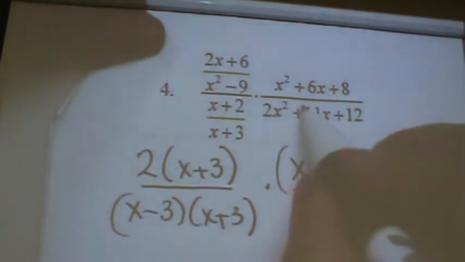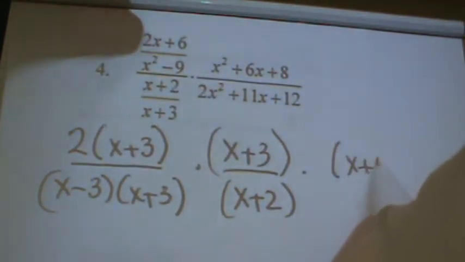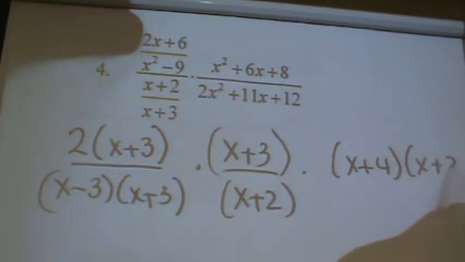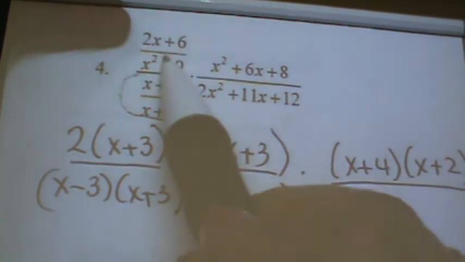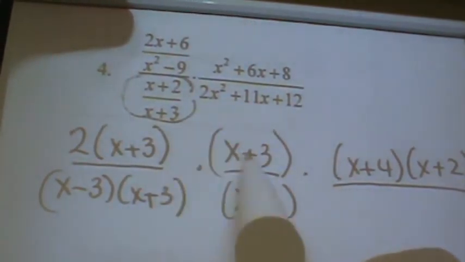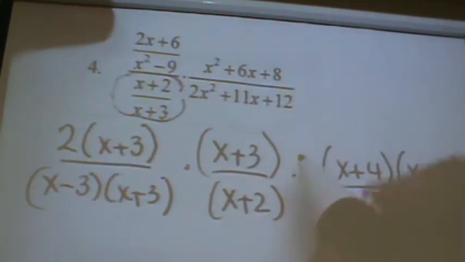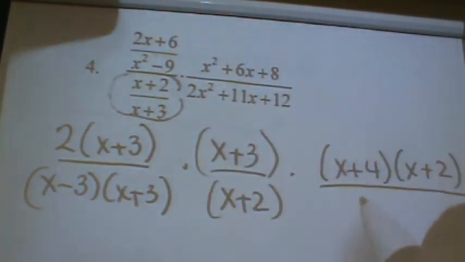And let's factor this at the same time. This is a product. So it's x plus 4. I flip this one because it's a division. You flip and multiply. So this comes on top, this is on the bottom. Okay, how does this 2x squared plus 11x plus 12 factor?